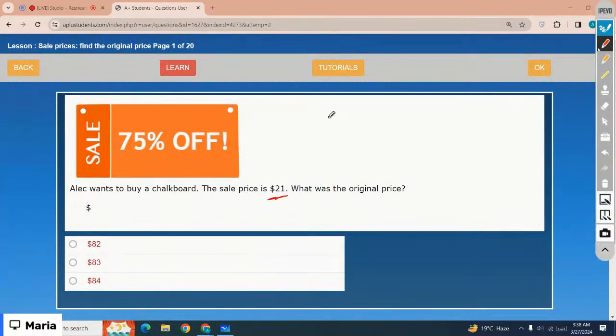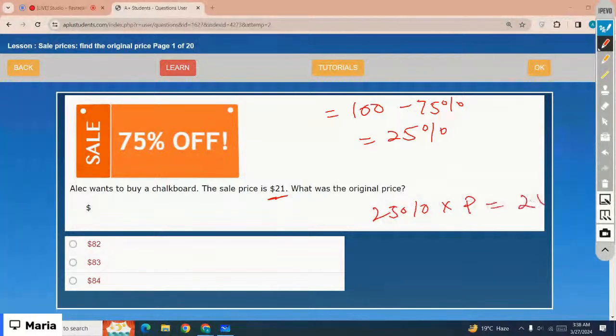Basically, 100 minus 75. When something is on 75% off, that means you paid 25%, right? So you can calculate 25% times the original price, P, and you paid 21.